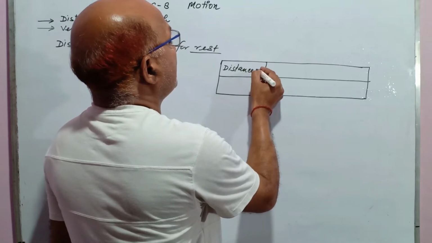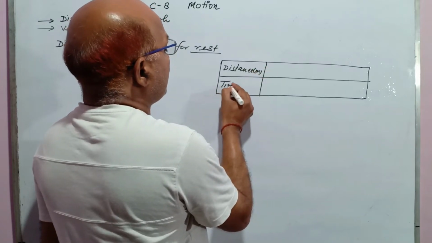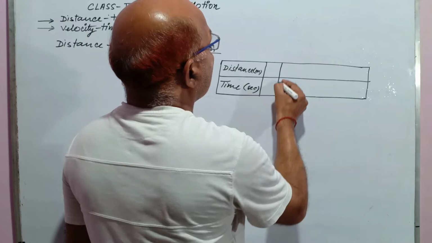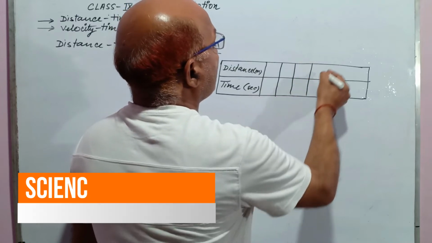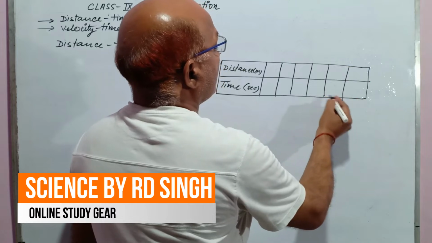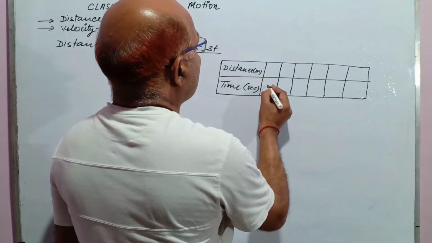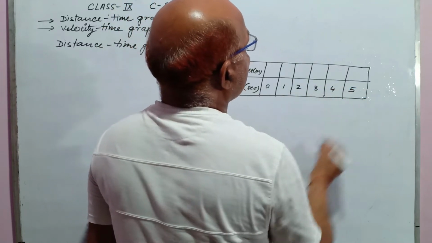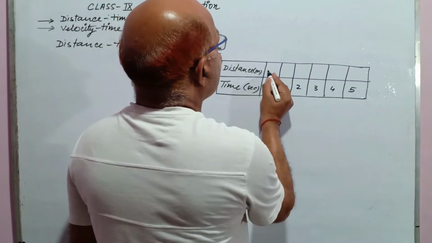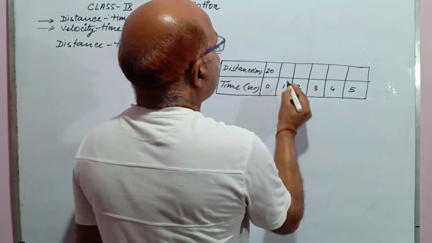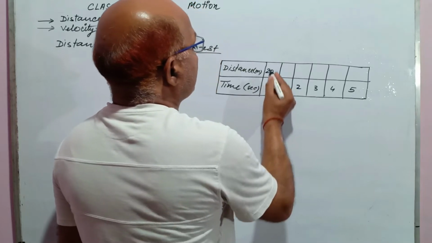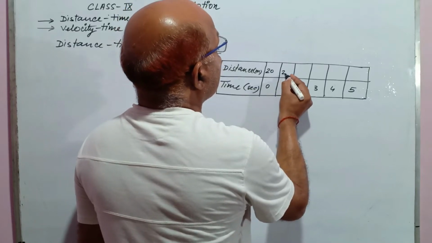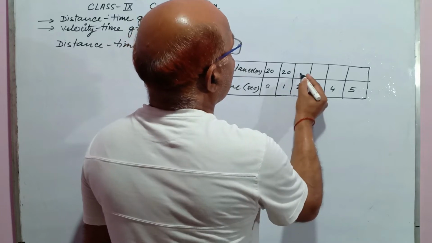Distance in meter and time in second. Time 0, 1, 2, 3, 4, 5 second, and distance 20 meter at the observation time 0, and in 1 second again the distance is 20 meter, and again 20 meter.